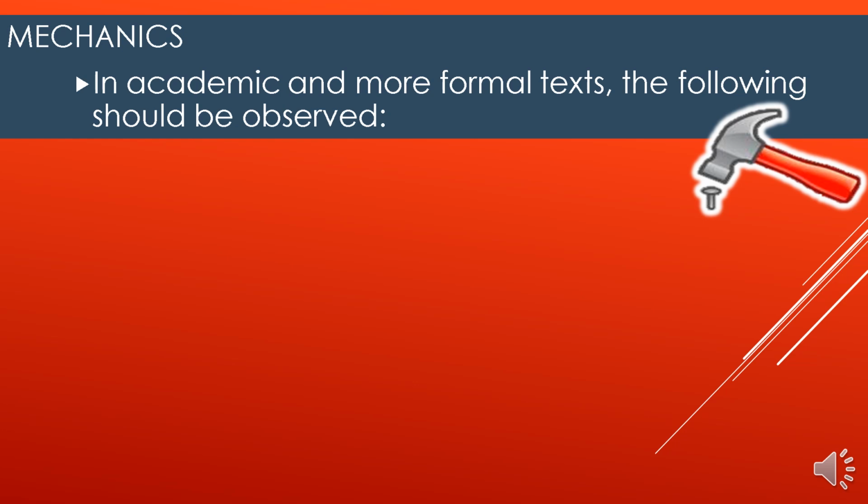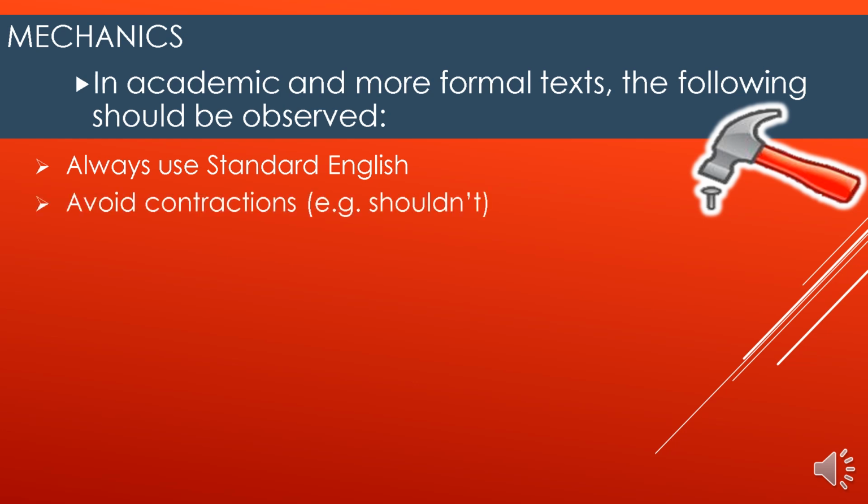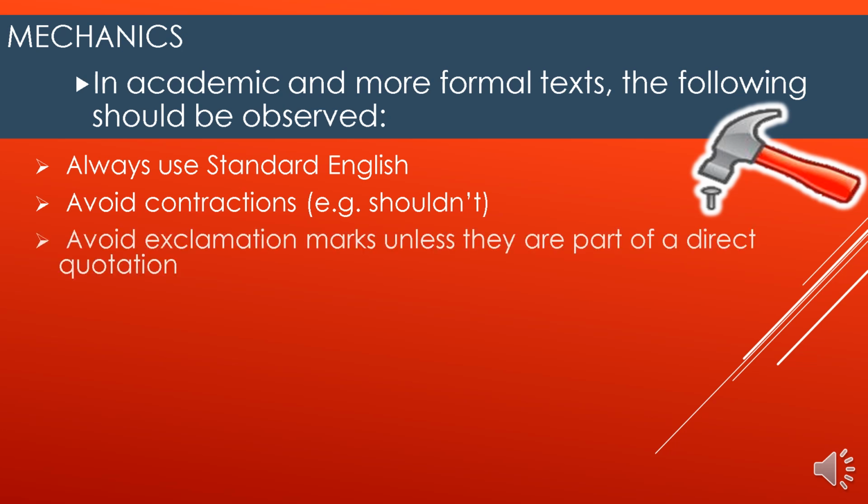In academic and more formal text, the following should be observed. Always use standard English. Avoid contractions. Example, shouldn't. You should write should not. Avoid exclamation marks unless they are part of a direct quotation.